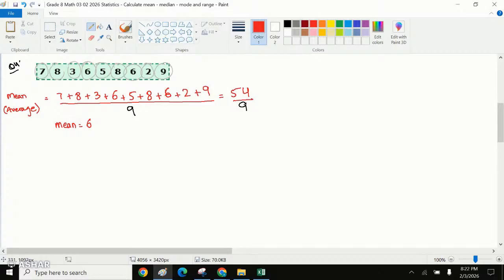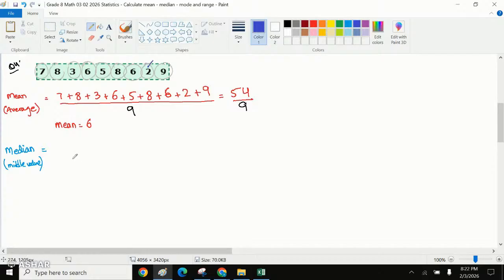Yusuf, what about median? Median is the middle value, right? So in order to find the median, what we do is we arrange these numbers into ascending order.